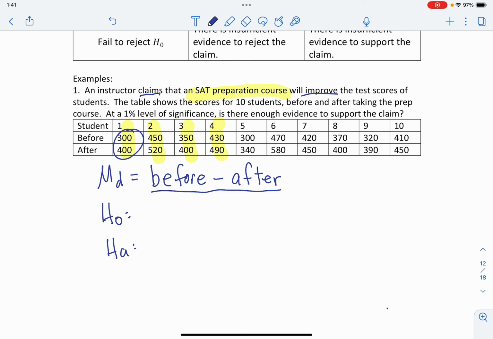So if we subtract in that order, a negative number indicates improvement, meaning mu sub d less than 0 is actually this instructor's claim. Their claim is improvement, meaning before minus after would be a negative number, which is less than 0. So it's almost kind of opposite of what you would think, because we have improvement and then we have less than 0.